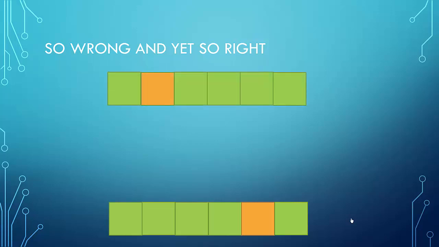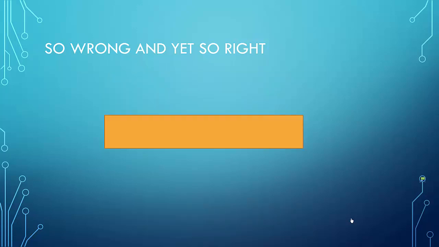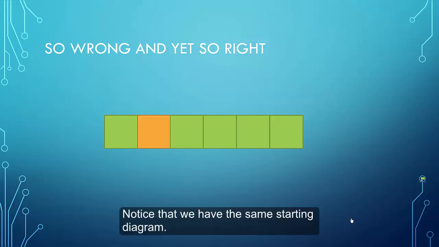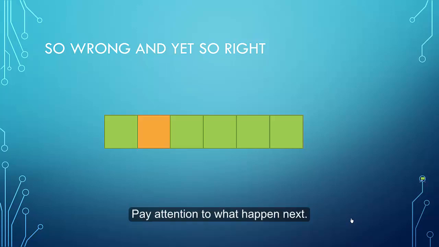Comparing the first and the last diagram, what do you think has happened? Do you observe that the yellow block has moved from left to right? Let's look at another set of diagrams. Notice that we have the same starting diagram and pay attention to what happened next.